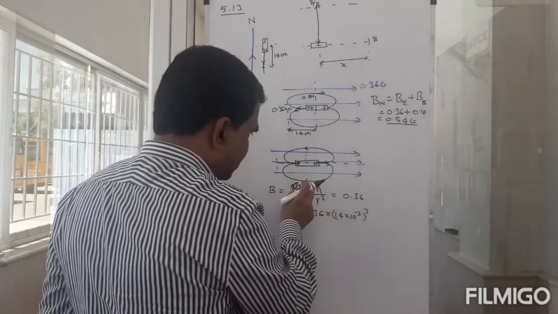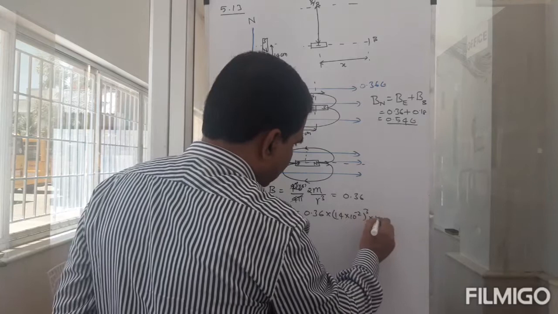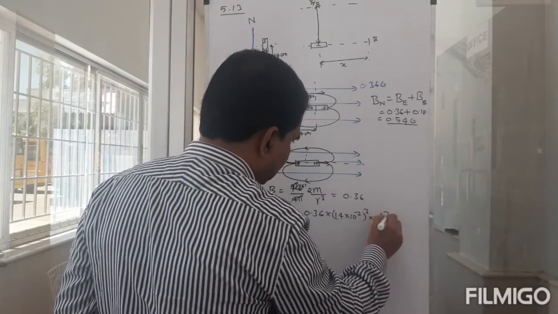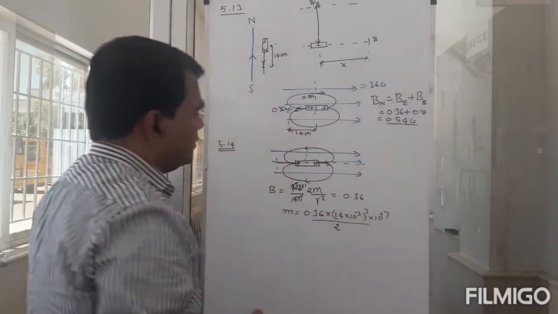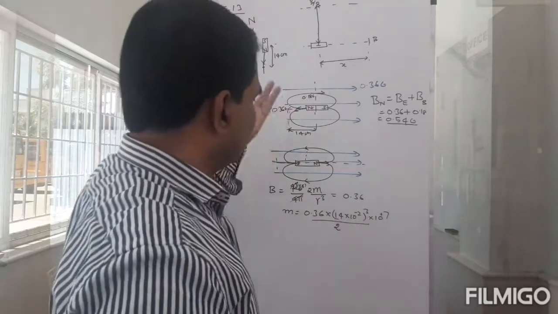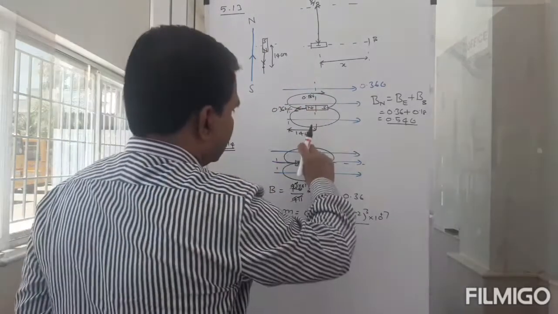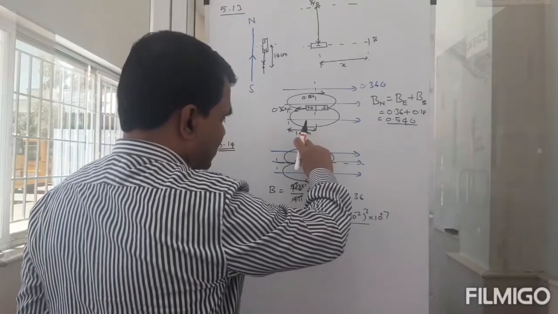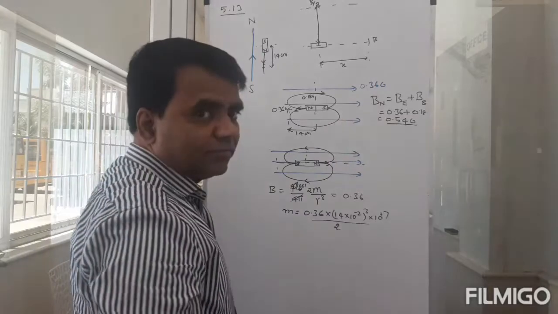And I've got 10 to the power minus 7, so it becomes 10 to the power plus 7, and this divided by 2. Once I find m, what should I do? At some distance here, the field must be equal to the Earth's magnetic field.